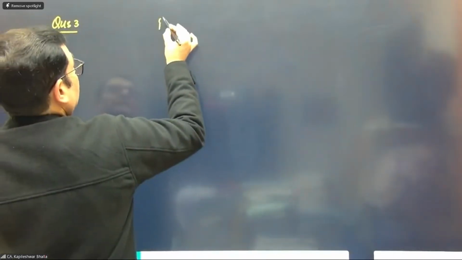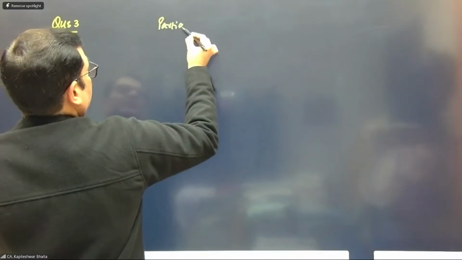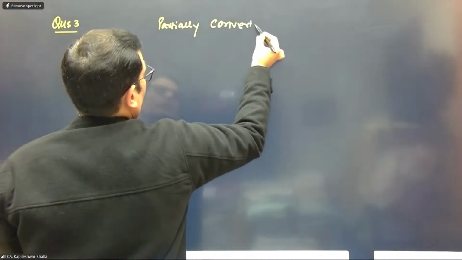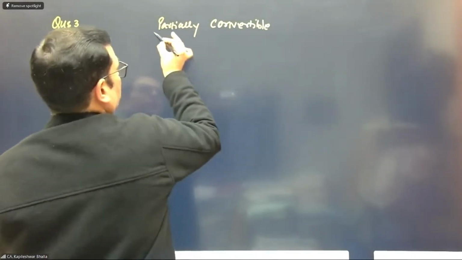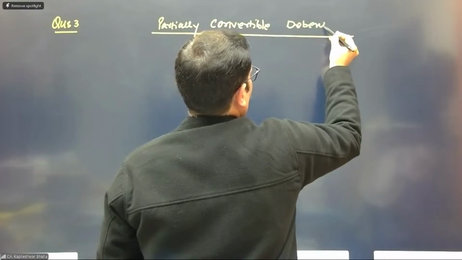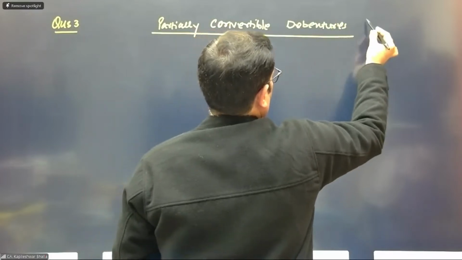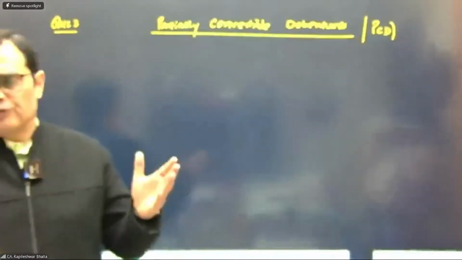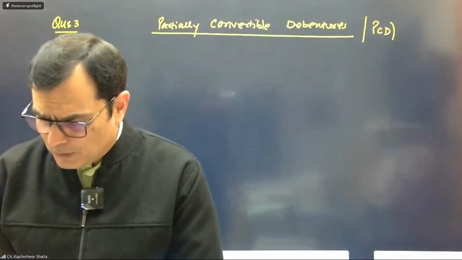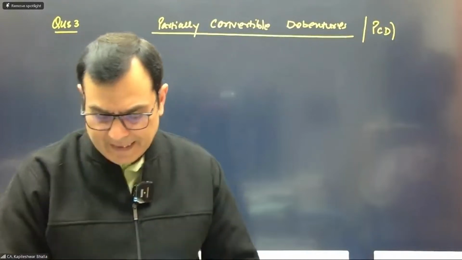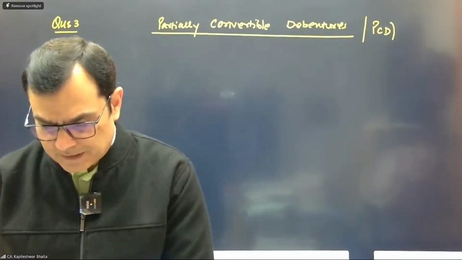So we're looking at a case of a partially convertible debenture, in short PCD, that is partially convertible debenture. In this particular case, we are going to do a split accounting again and segregate the amount.